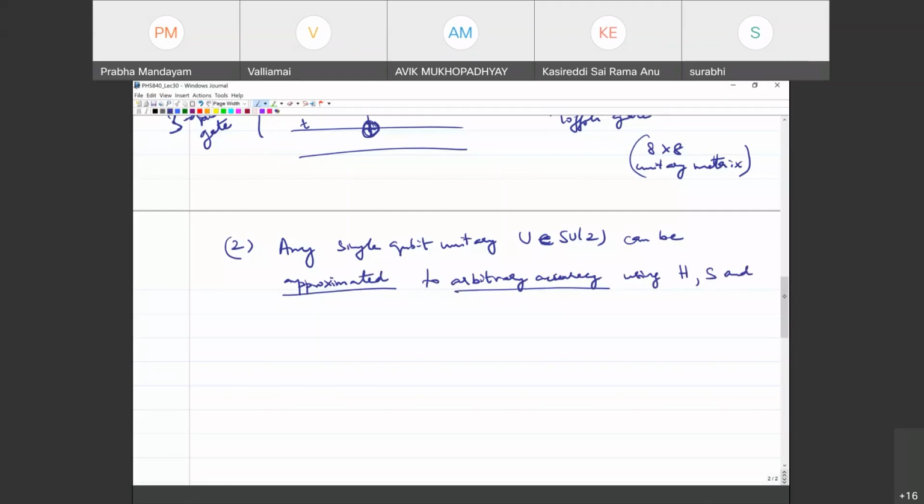So this is purely a single qubit statement now. And this, in fact, is going to be the harder statement to prove, okay?